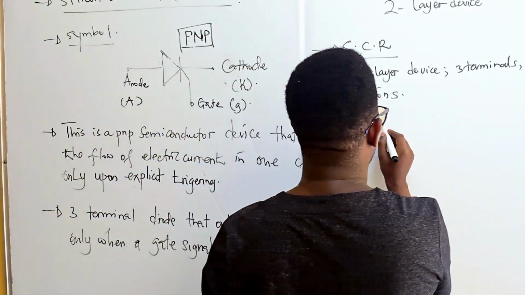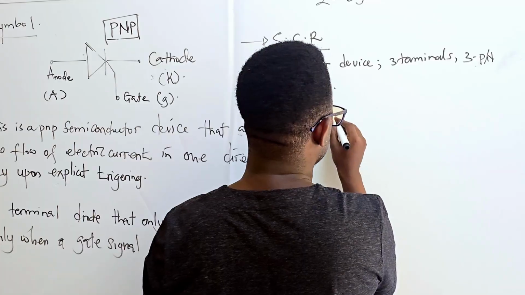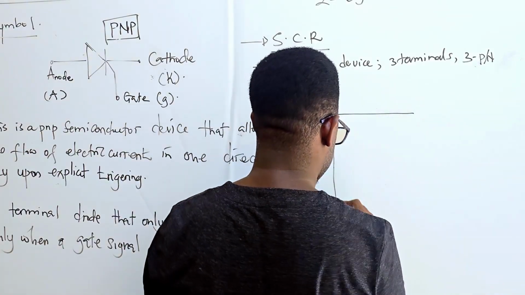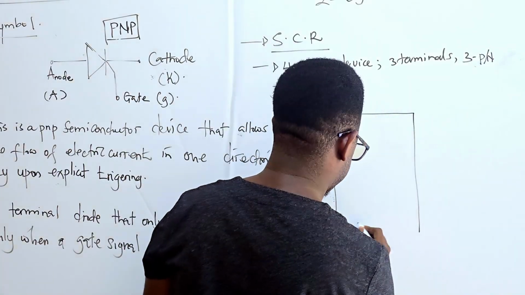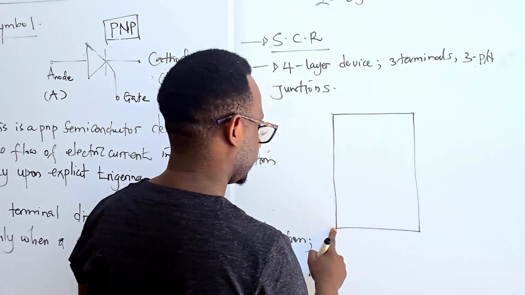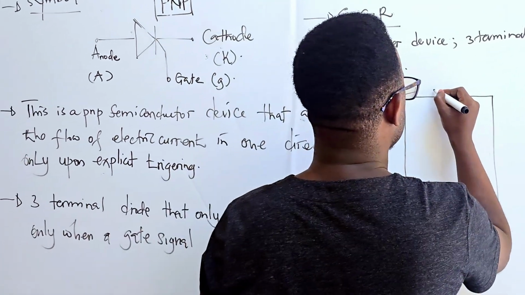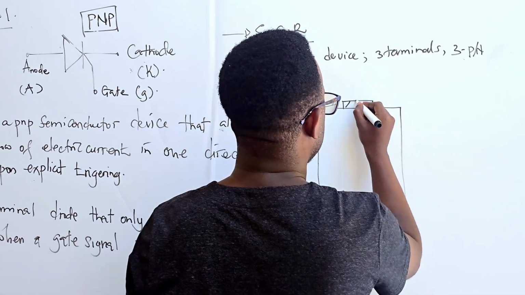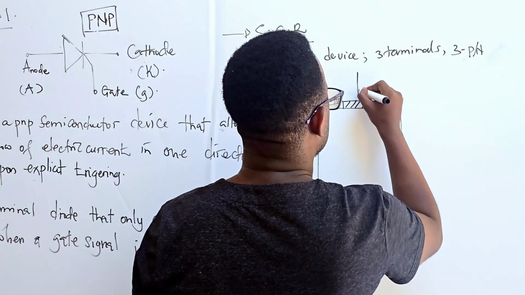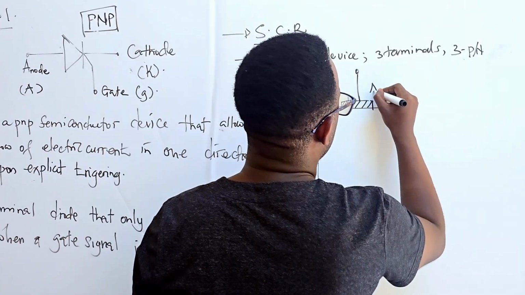So how would one look like? Let's try to visualize. Let's say the top part is our anode.